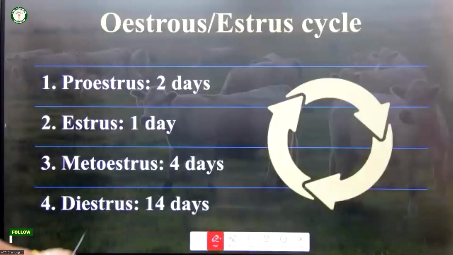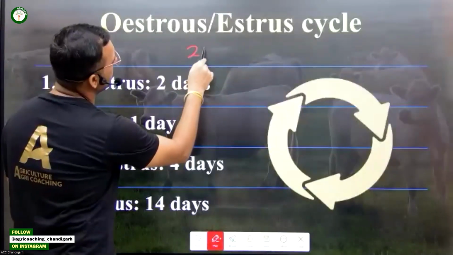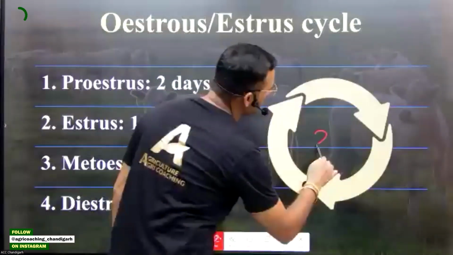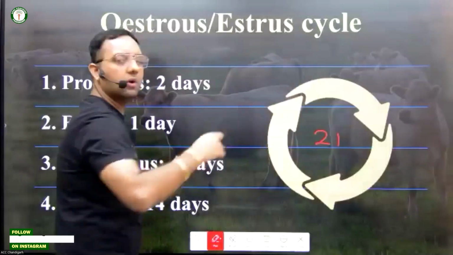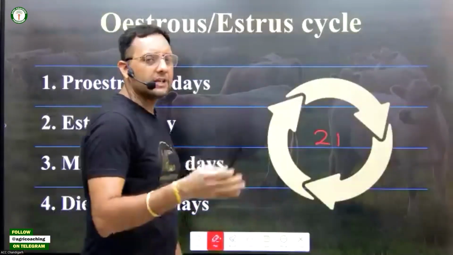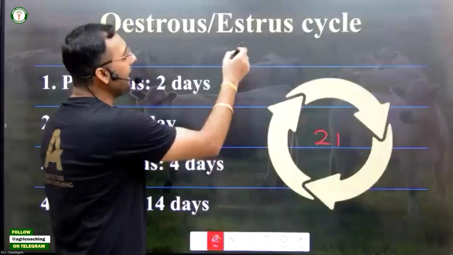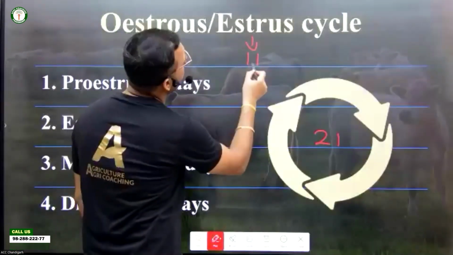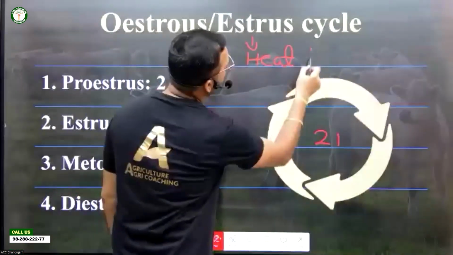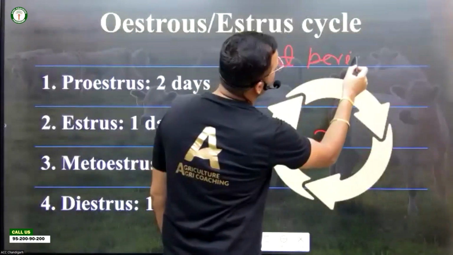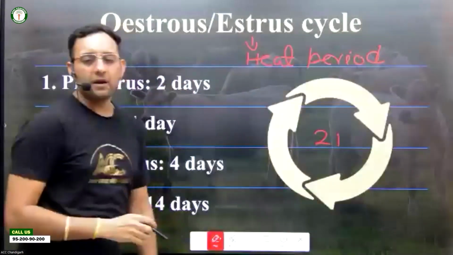Now, if you see these 21 days of cycle, I will write it here. So this 21-day cycle is known as the estrous cycle, which has 4 stages. Now, in the estrous cycle, there is a day because the heat period is part of the estrous cycle.